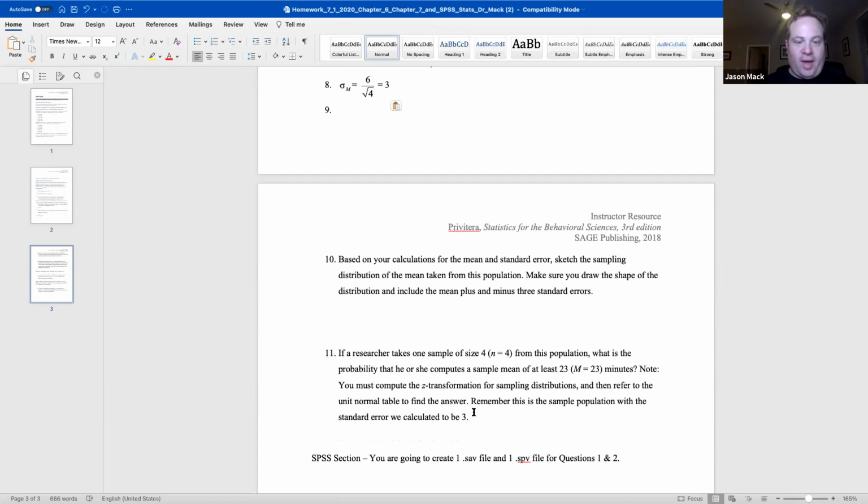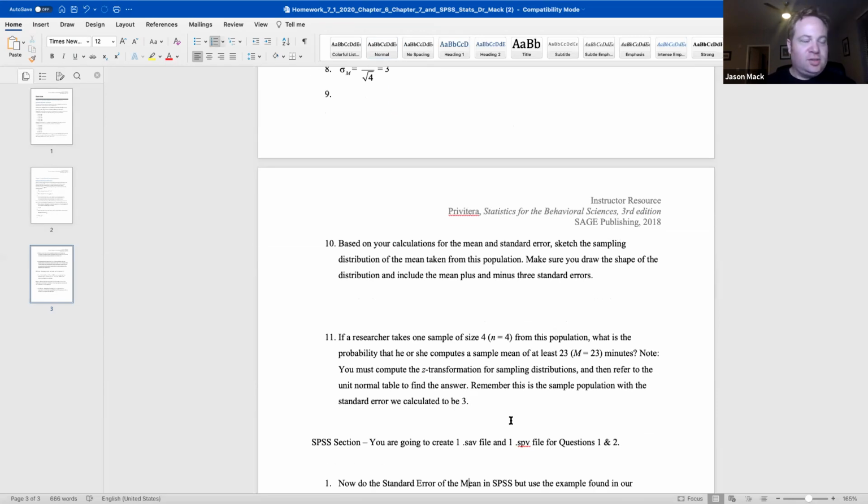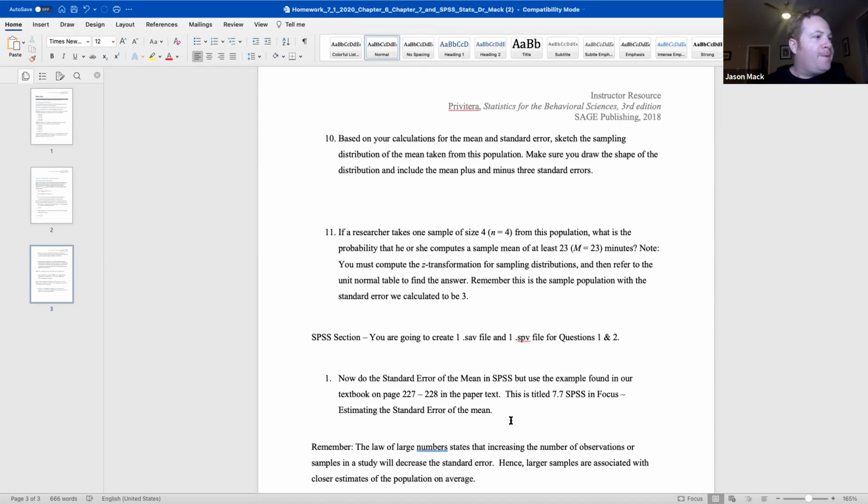So our last one is, if a researcher takes one sample size of n equals 4 from the population, what is the probability that he or she computes the sample mean of at least 23? Note you must compute the z transformation for the sample distributions, then refer to the unit normal table to find your answer. So x minus m over the standard deviation, and we have all of that.